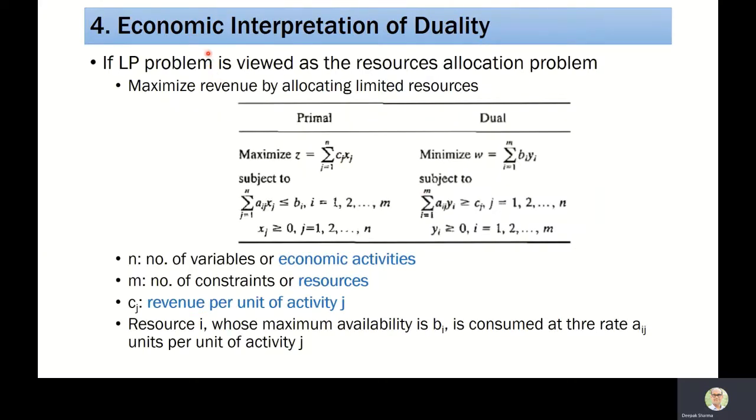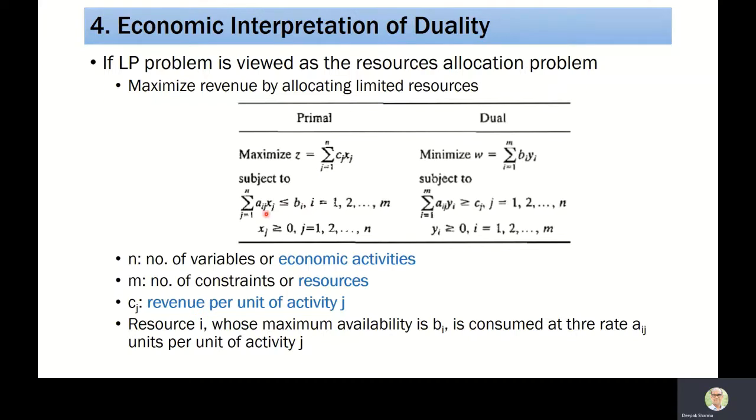Let us understand the economic interpretation of duality. Let us take this LP problem as a resource allocation problem. The Toyco problem which we have understood is a resource allocation problem, meaning we want to maximize our revenue. The primal problem can be written as maximizing Z, the summation of cj multiplied by the variable xj.